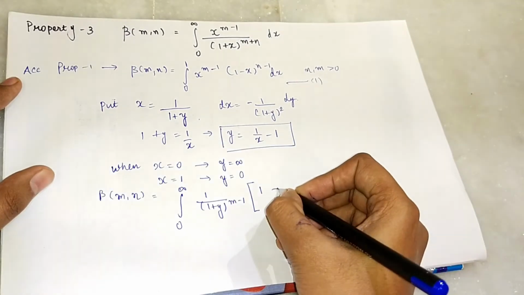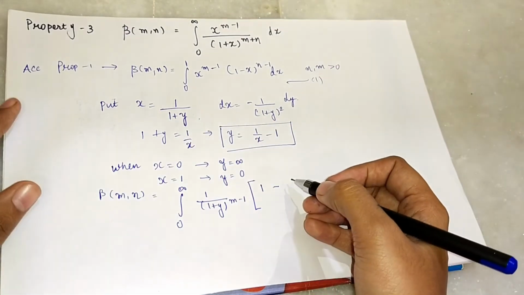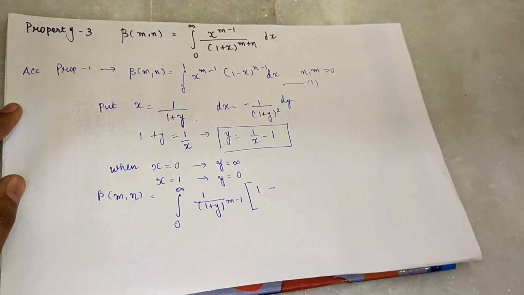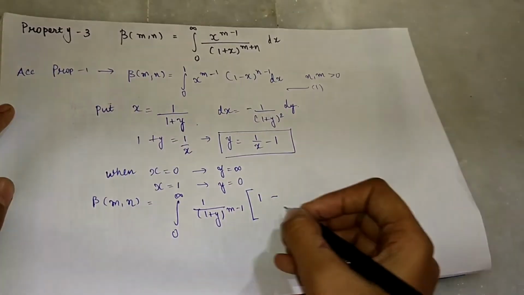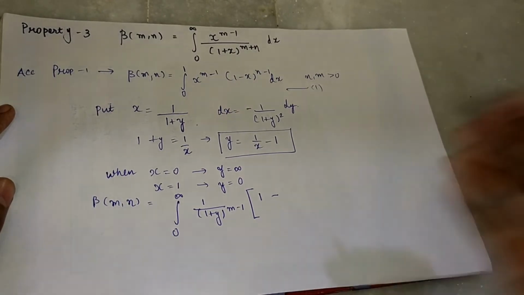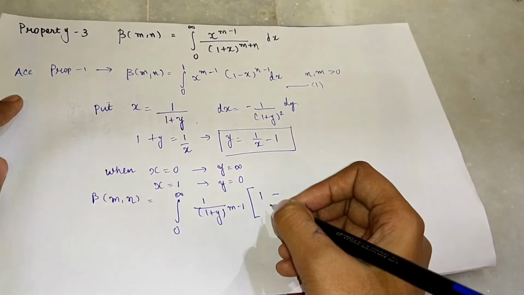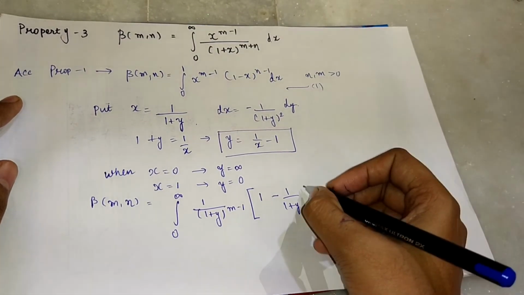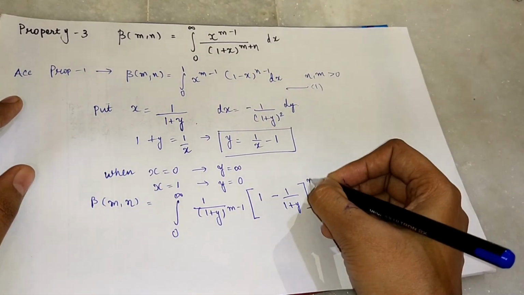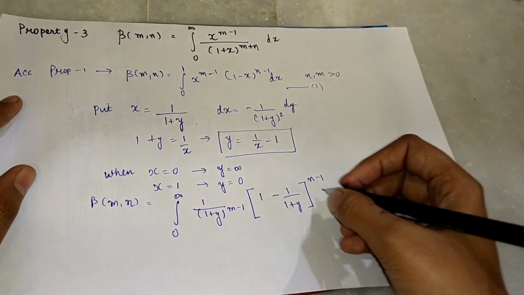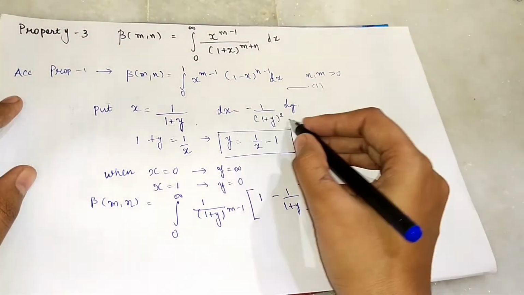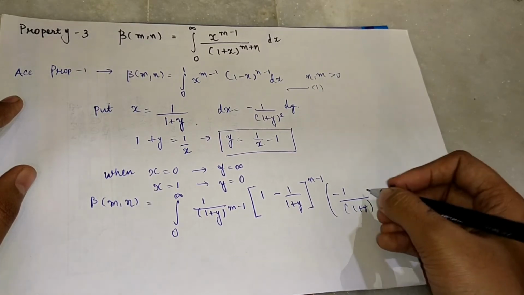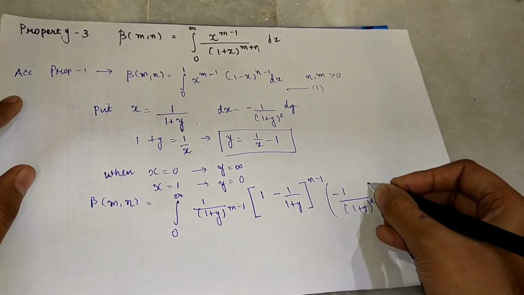Here you have to substitute the value of 1 minus x. So in place of x you can write 1 upon 1 plus y, whole raised to n minus 1, and in place of dx you can write minus 1 upon 1 plus y whole square dy.